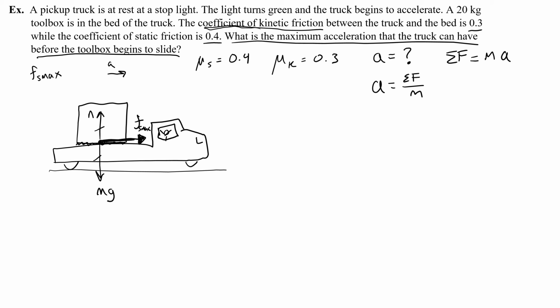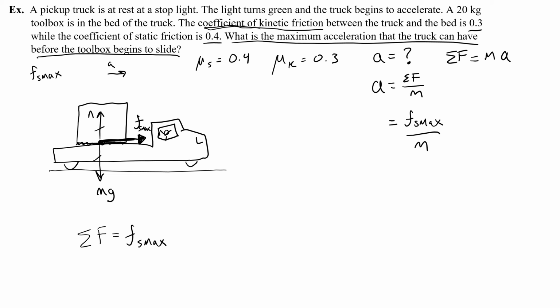Okay, so that means that in this scenario, we are looking at the net force as being the maximum force of static friction. So when I want to find the acceleration, I'm going to take F_s max and divide it by the mass, which is great. Now, let's think about what the maximum static friction is going to be.